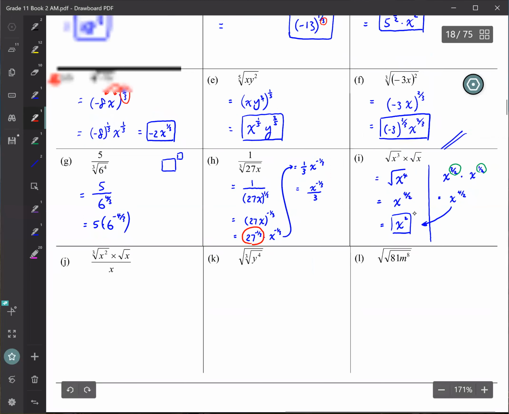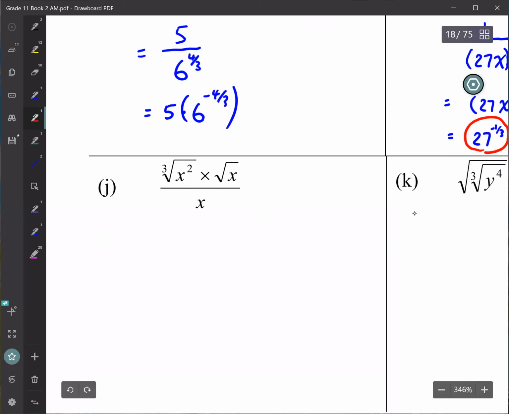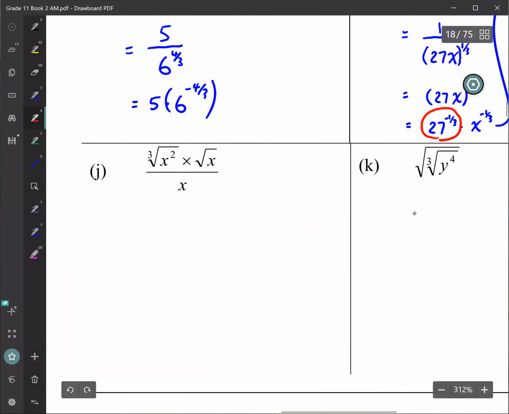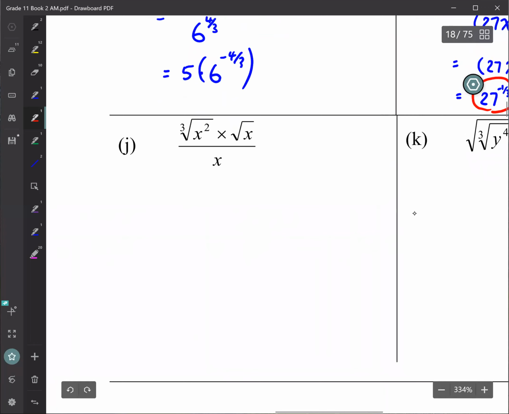If you look at J, one of them is a cube root, right? And the denominator doesn't have any root. So you cannot just deal with the inside. You got to follow the second method: change them all into exponents first. Raise your hand when you're done, okay?